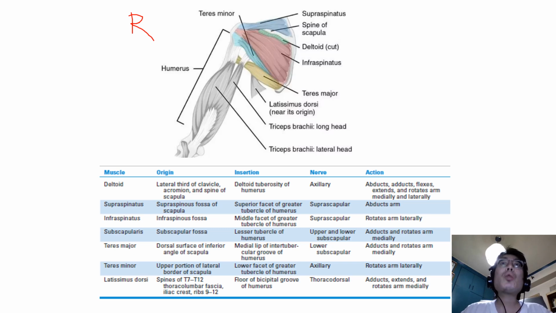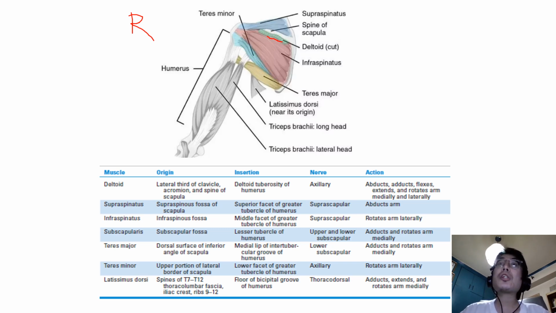We will start with the deltoid muscle, which is cut in this view, but we can see that its origin is the lateral third of the clavicle, the acromion, and the spine of the scapula. The deltoid inserts into the deltoid tuberosity of the humerus, and it is innervated by the axillary nerve.